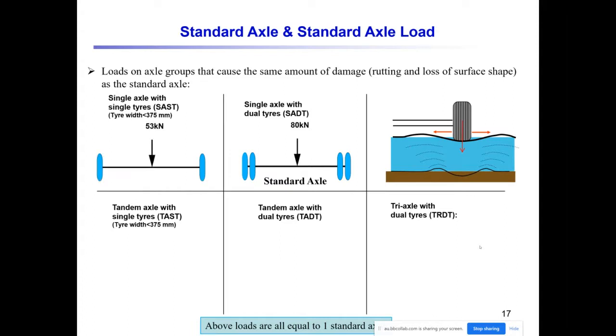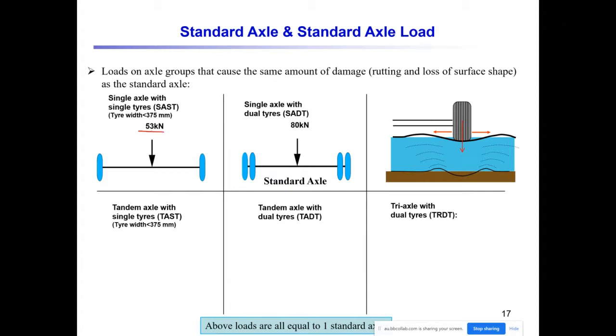So, for example, for single axle single tire, when you apply 53 kilonewton, the level of damage or the level of deflection on the pavement would be equal to the level of damage of a standard axle, right?